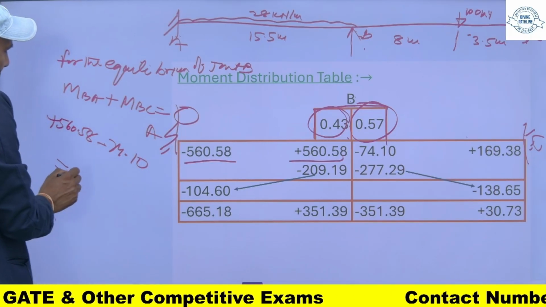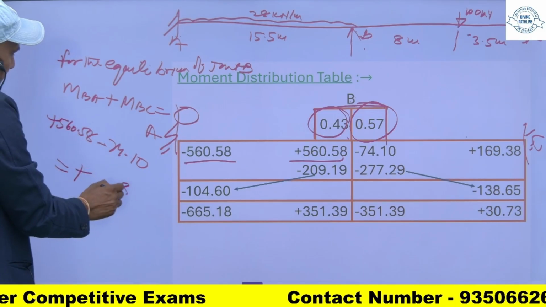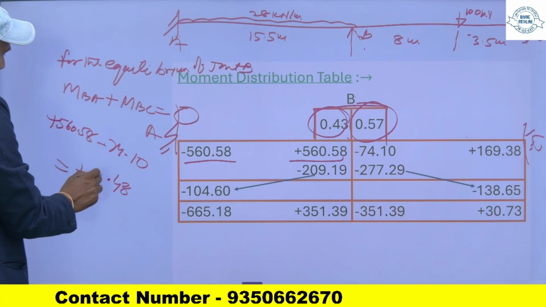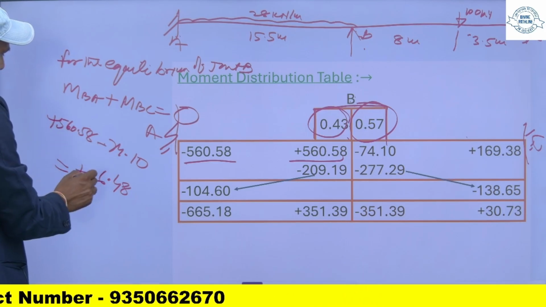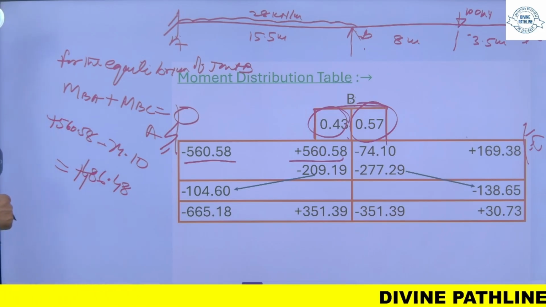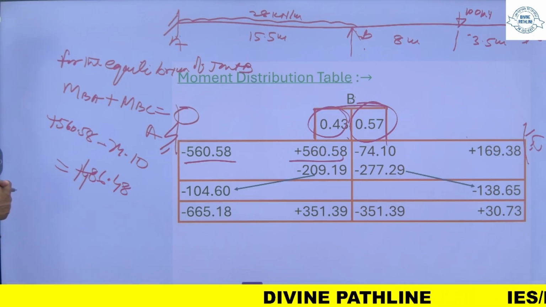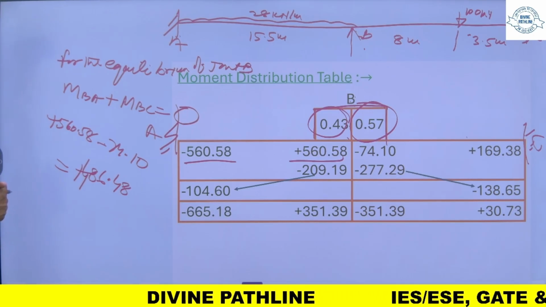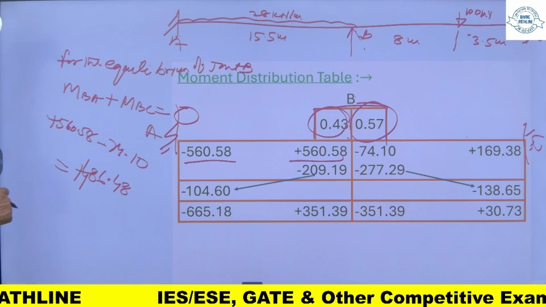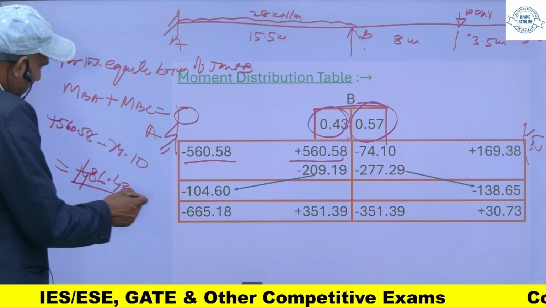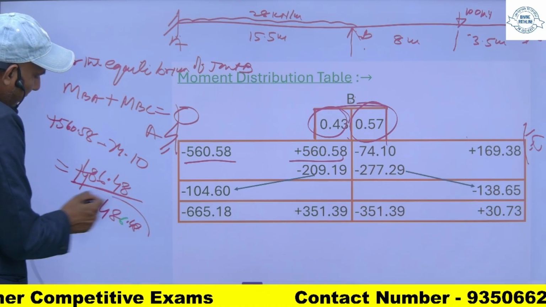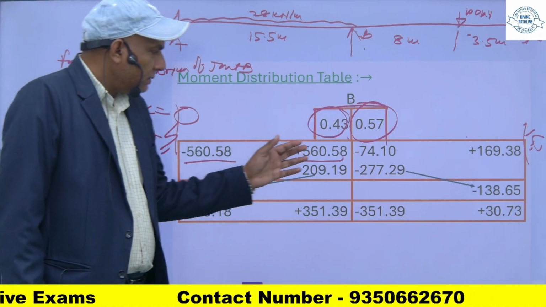So it means this minus this, it is 486.48 plus. So this moment is extra. So this is the extra moment.